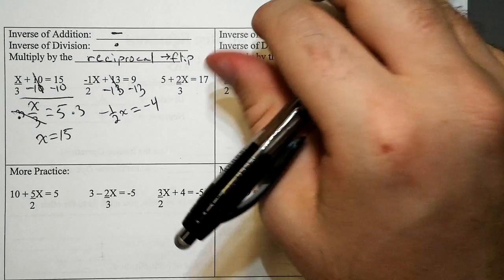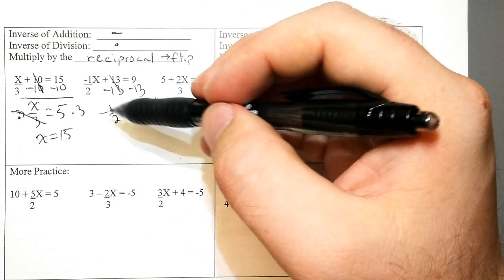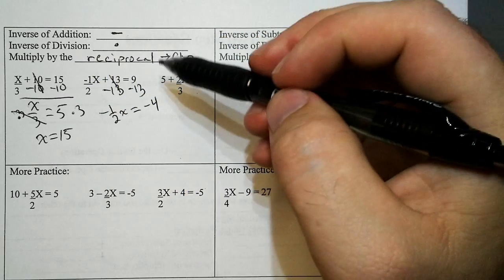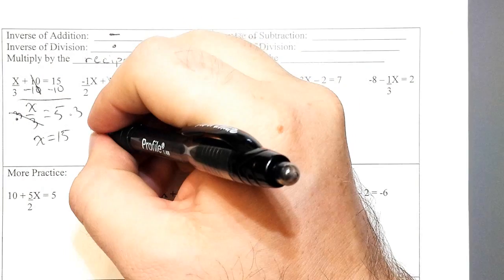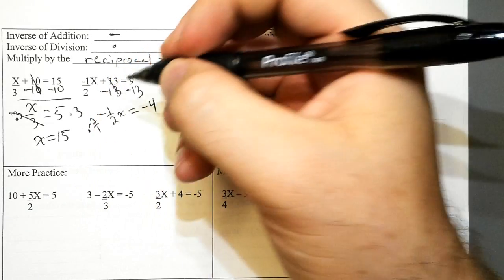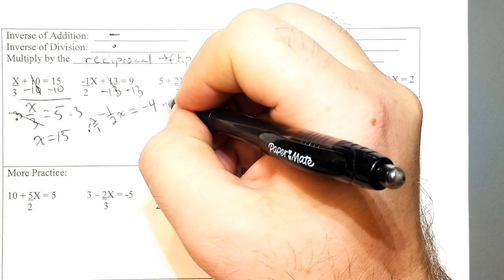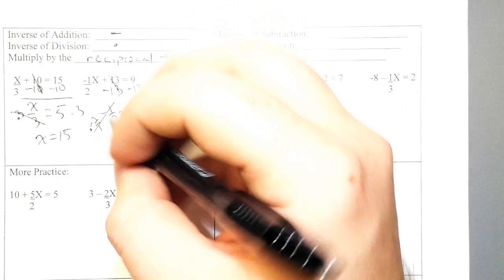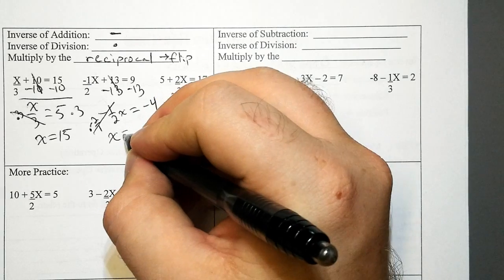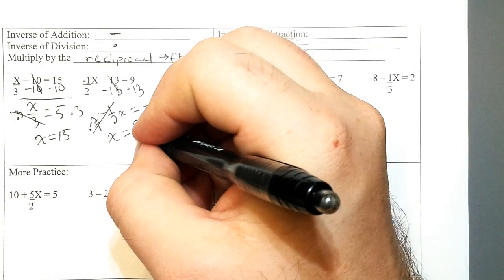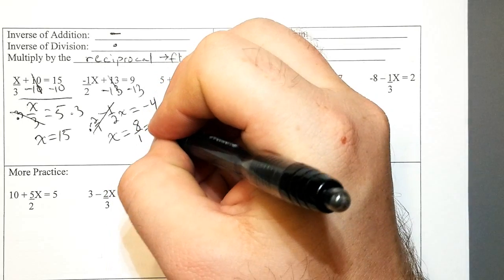Now from here, since we have a fraction as our coefficient, we're going to multiply by the reciprocal, which means flip it. So we're going to multiply times -2/1. Multiply this side times -2/1. When you do that, they cancel, and then you just multiply the other side out. So -4 times -2 is positive 8/1, which reduces down to 8.